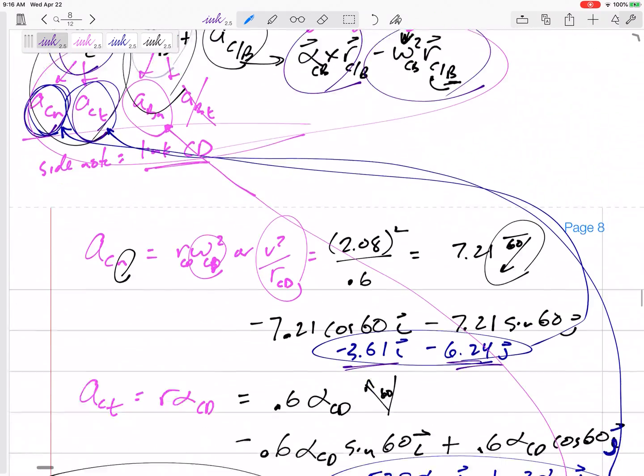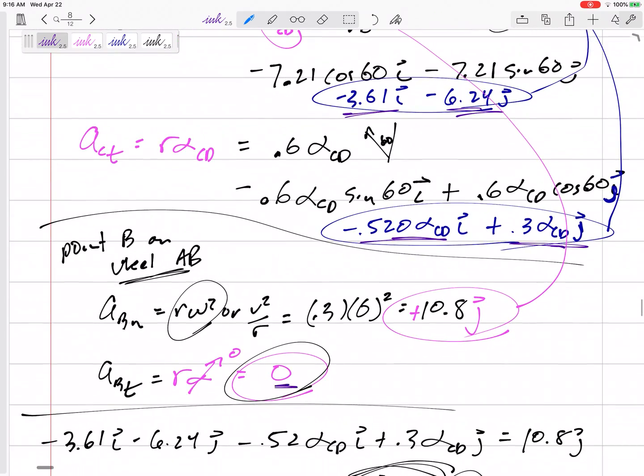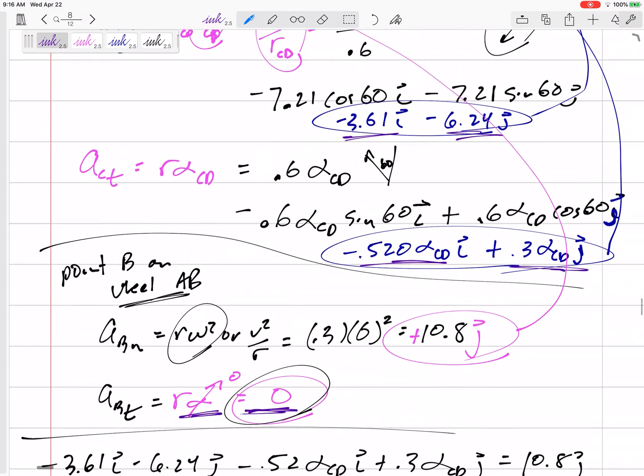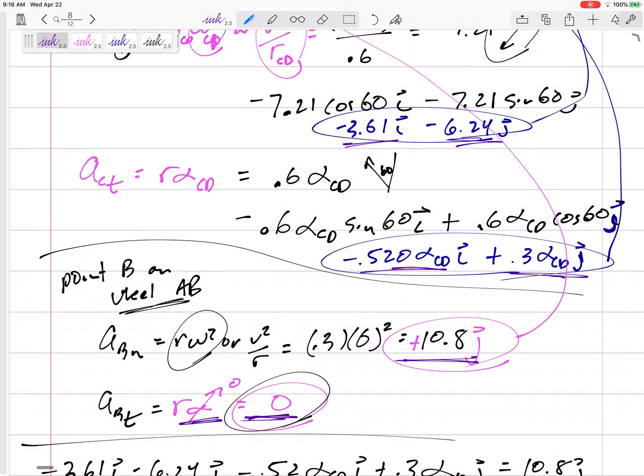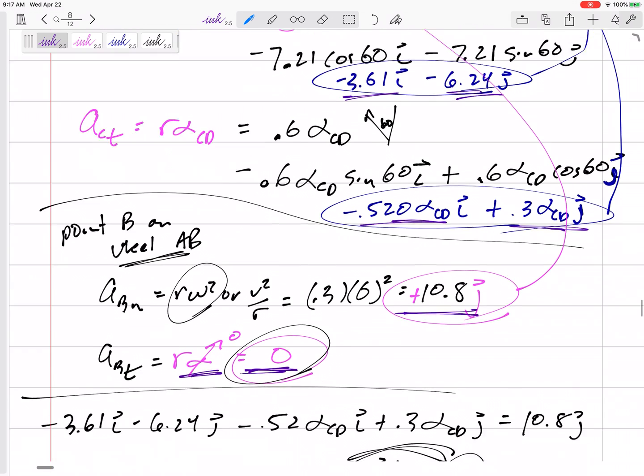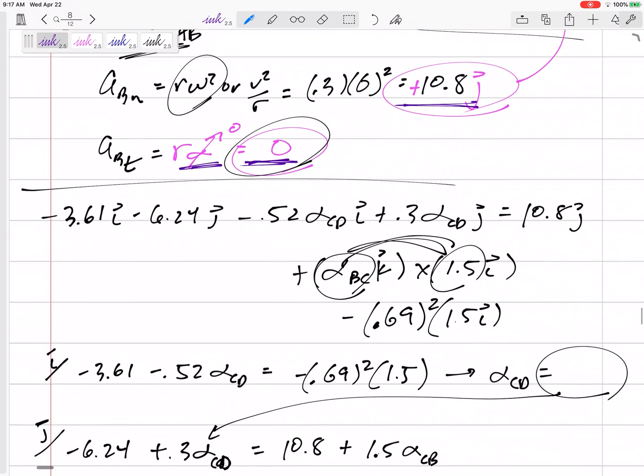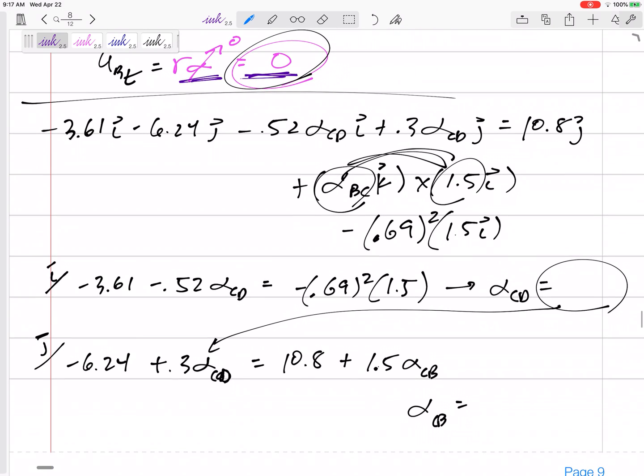For point B, we were lucky that it was a constant velocity, so no acceleration, and that it was just at the very bottom of that wheel. So there was only 1 term for that one. Then I plugged everything in. Careful, this is a cross product and this is a multiplication. 2 equations, 2 unknowns. If you've got 2 unknowns, that's probably a good sign. If you don't have 2 unknowns, probably not a good sign.